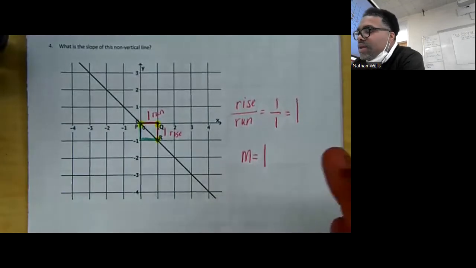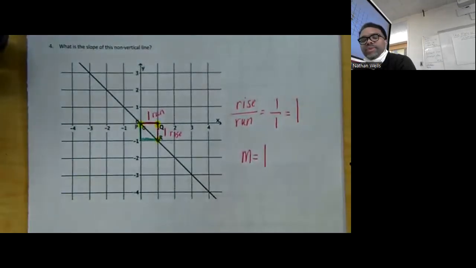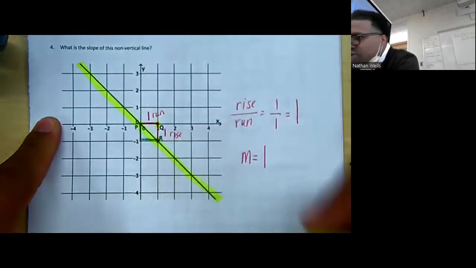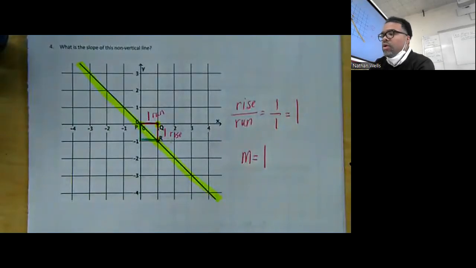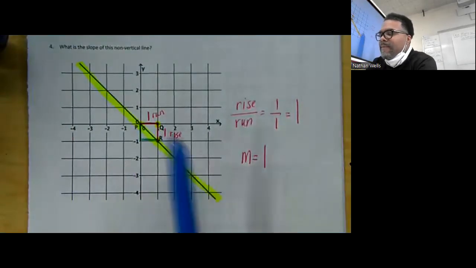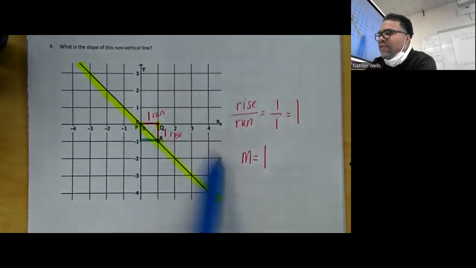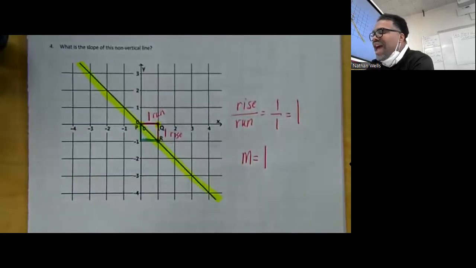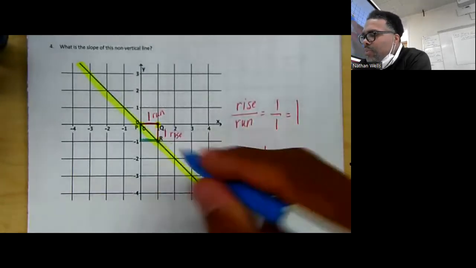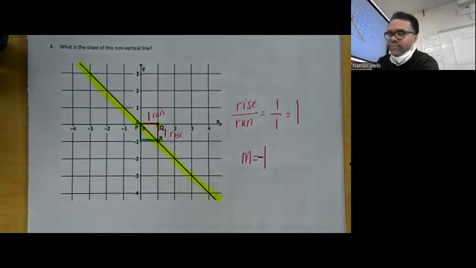So my slope is 1, but my slope is a little bit different in this example. Because this graph is going downhill, we read graphs like we read words from left to right. Since this is falling from left to right, is going downhill, it's actually a negative slope. So my slope is -1.